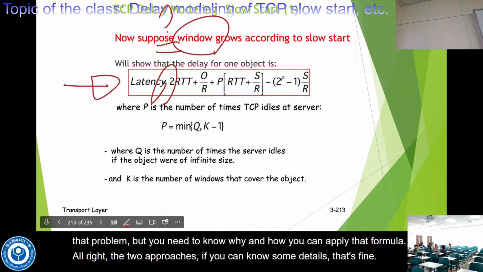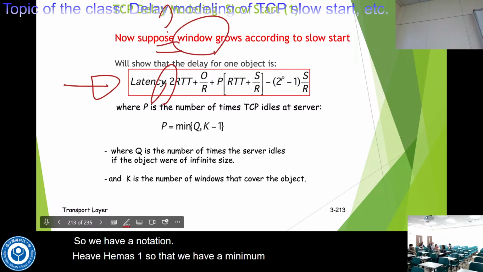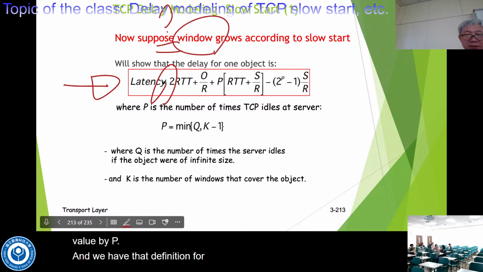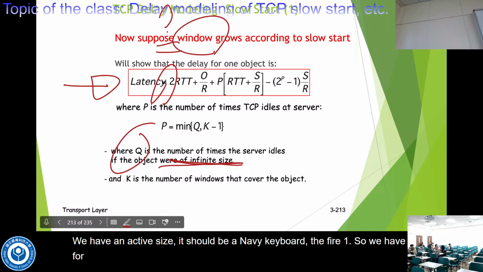So we have a notation, Q and K minus 1, so that we have a minimum value, which we denote by P. And we have the definition for Q. The object size should be a finite one. So we have the natural K minus 1 to serve as the possible times of idle.